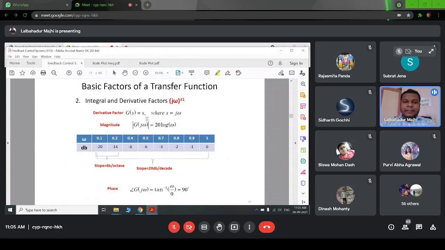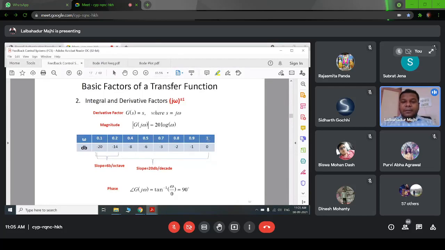Similarly, let's consider the pole or zero at the origin. Our transfer function is G(s) equal to s. That means only one zero at the origin. Its magnitude will be 20 log of omega. By varying the value of omega from 0.1 to 1, when omega equals 0.1, we get the magnitude minus 20 dB.